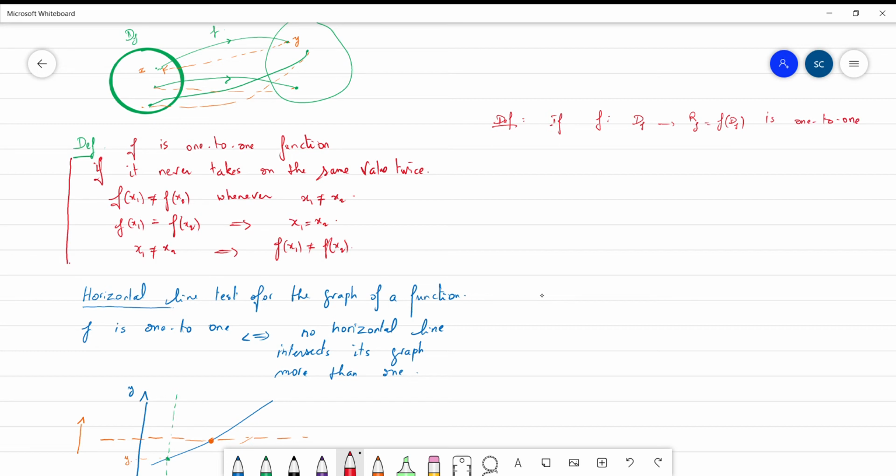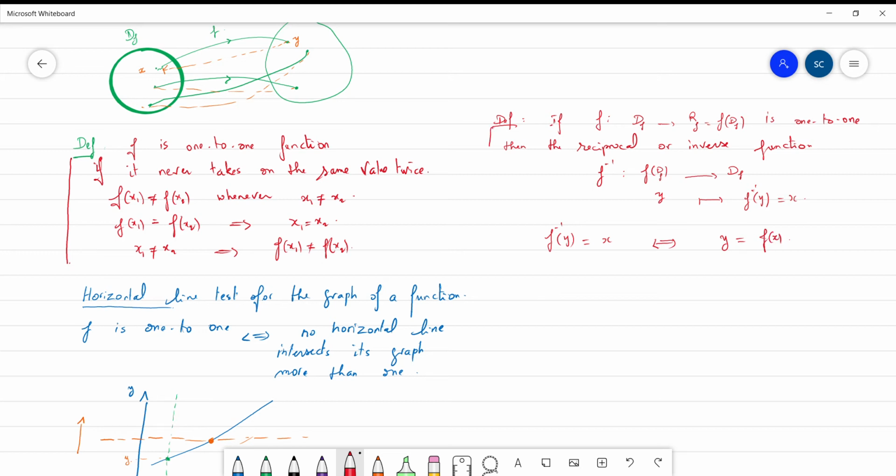Then the reciprocal or inverse function, which we denote f minus 1, is defined from f(D_f) to D_f. It is the function that assigns to y the value f minus 1 of y, which is an x, related to the original function by y equals f(x).